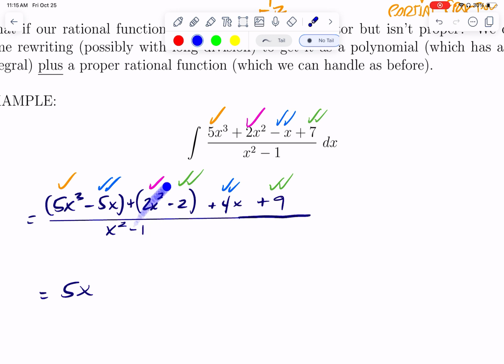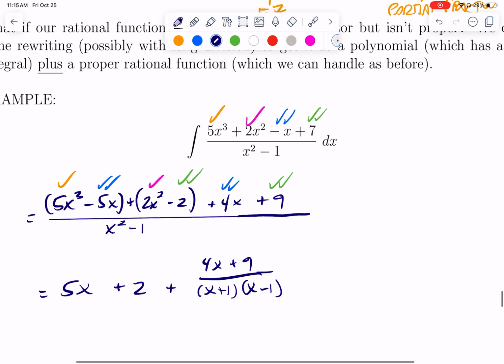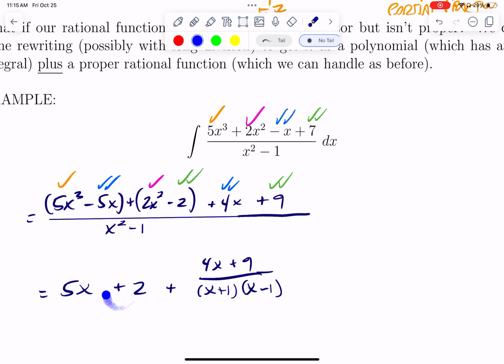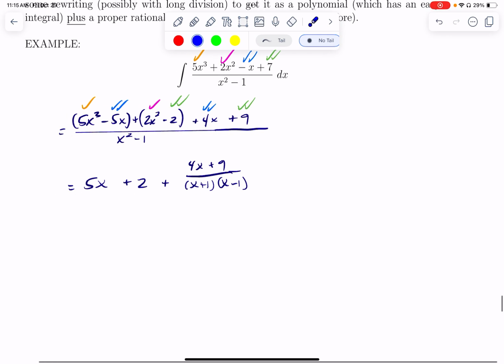If I simplify this part, it's just 2. And then what I'm left with is 4x plus 9 over this factorable denominator. So I've broken this up in terms of something really easy, and something that I know I can do my partial fractions decomposition to. So we still have to do some algebra.